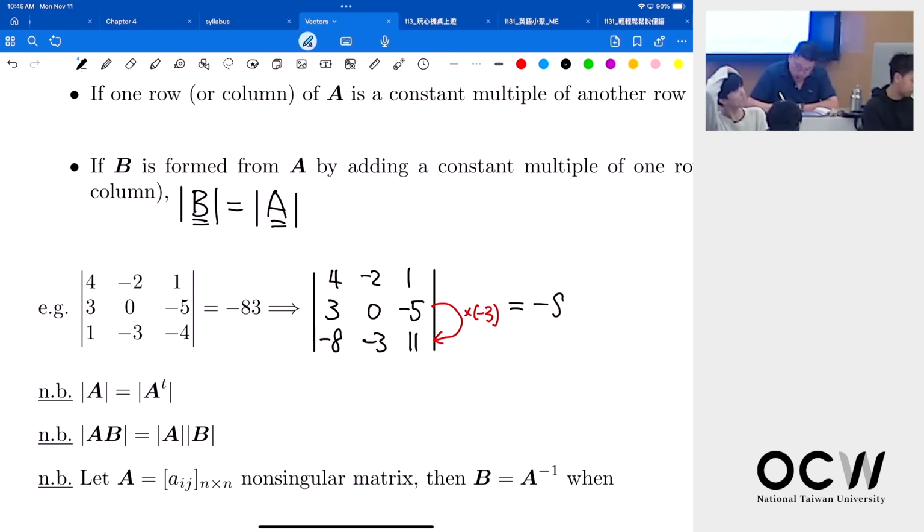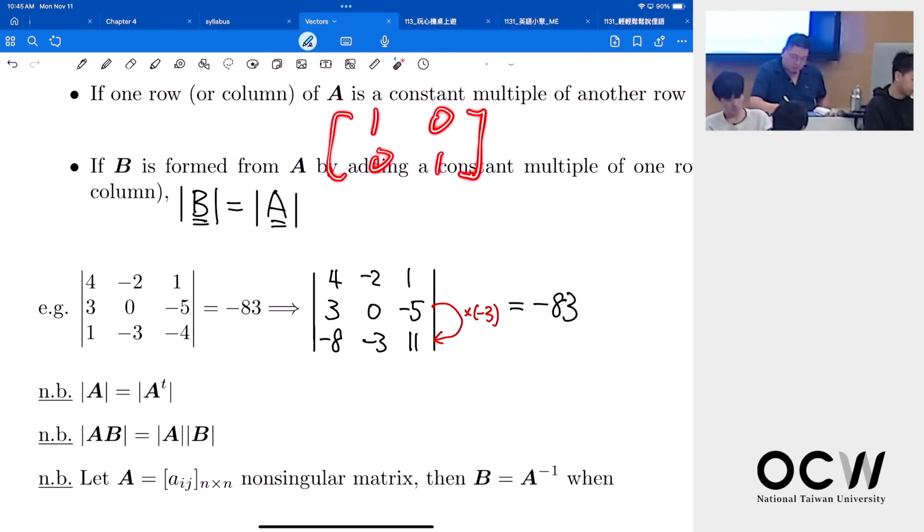Then the determinant is still minus 83. Think about this identity matrix, 1 0 0 1. The determinant is 1.